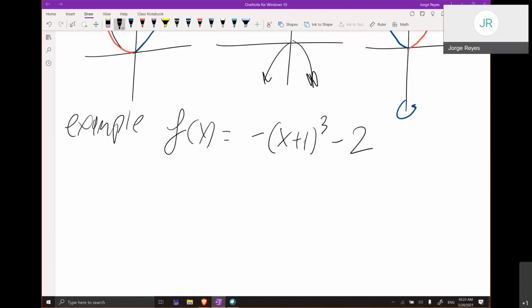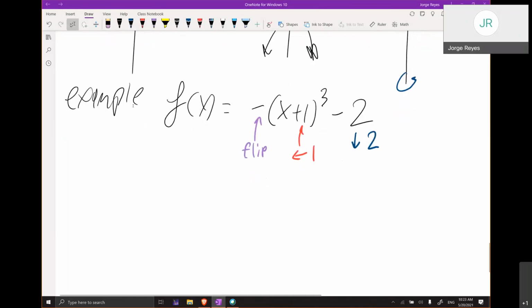I'll just combine all three and ask you to graph it step by step. So the minus sign means flip. The plus 1 on the inside means go left 1. And the minus 2 means go down 2.